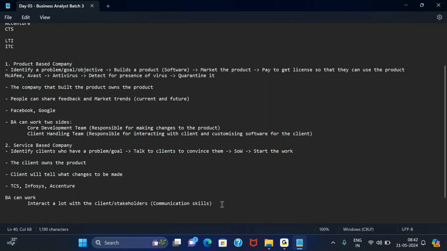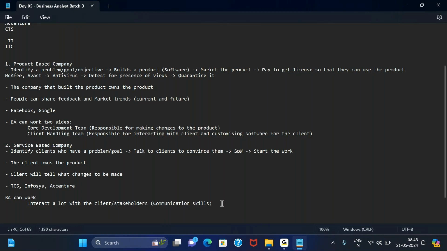Once we have worked with stakeholders, they will tell us what kind of work to do, and then we will build the software accordingly as per their requirement. Whether we are building it as per their requirement or not, we have to go through a demo call or a review call.